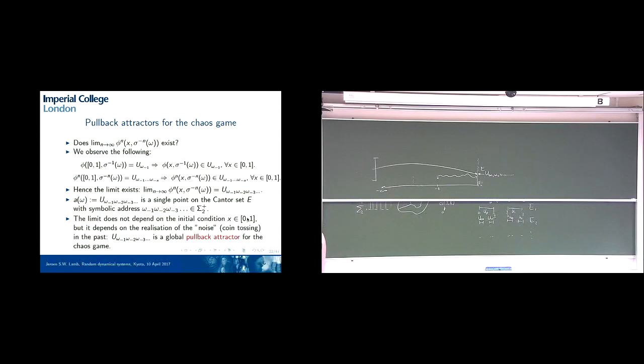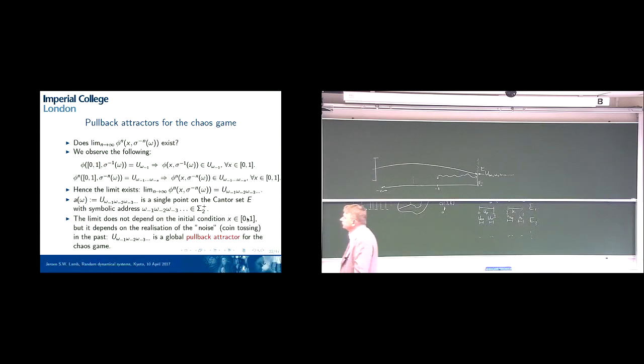And I didn't do any probabilistic estimate. I just follow a path. So if I know something about my path in time, my point tossing, then I know that I have convergence, and I have a so-called global pullback attractor, or this chaos game, of course, with a certain realization of the path.